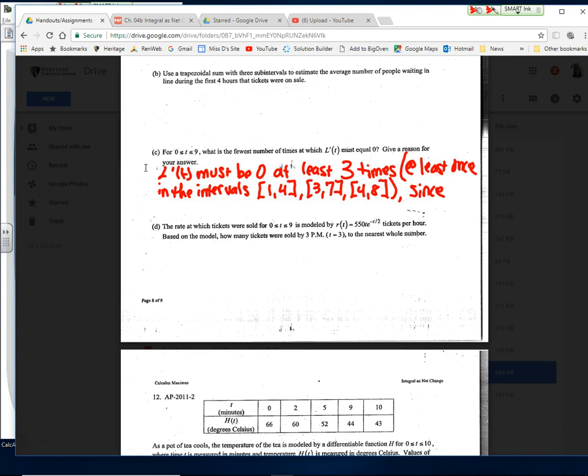The problem is you need to actually defend that by the justification. Let's answer. Since IVT guarantees zeros when the average rates change.